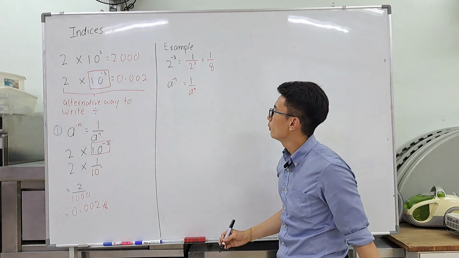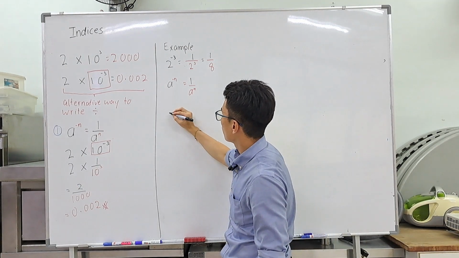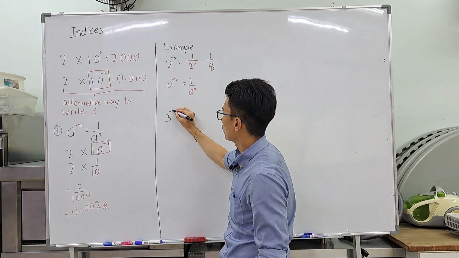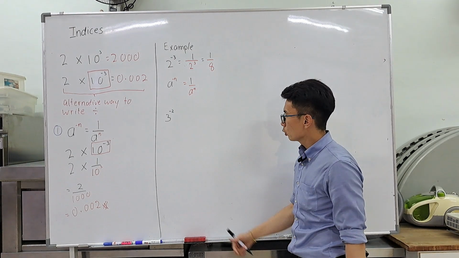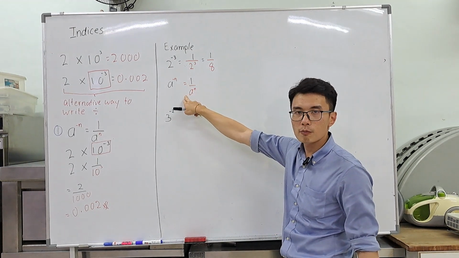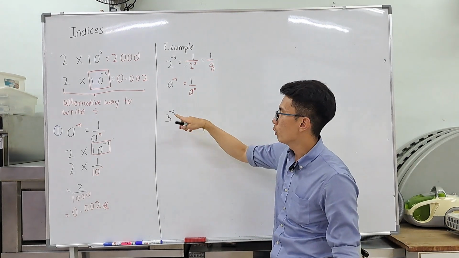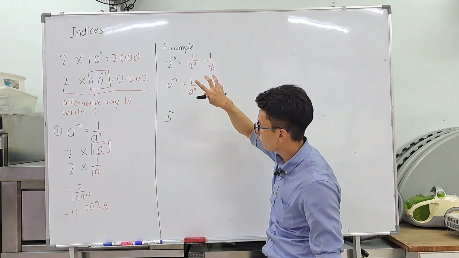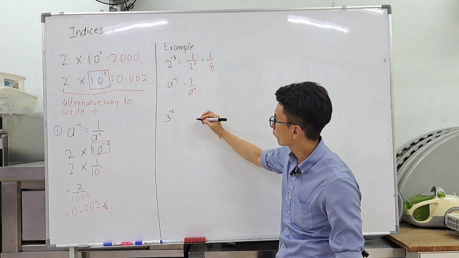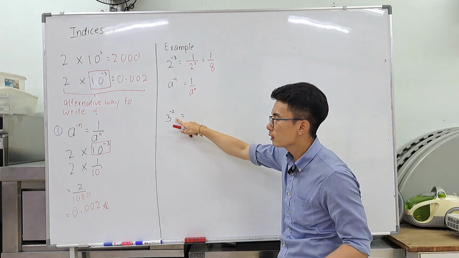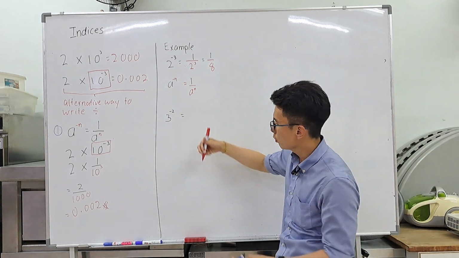Now another example over here. Let's just say I have 3 to the power of negative 2. We can use back the same rule over here. Whenever you see a number to the power of a negative power, always apply back the first rule. So let's check what happened. Again, we can rewrite this as a fraction by following the first rule.